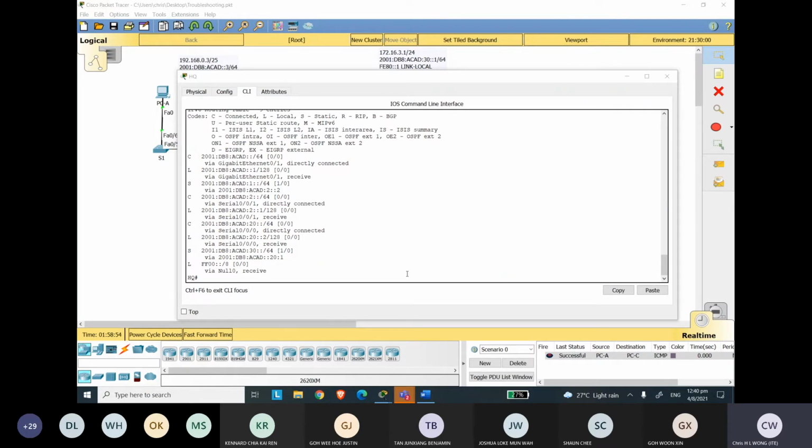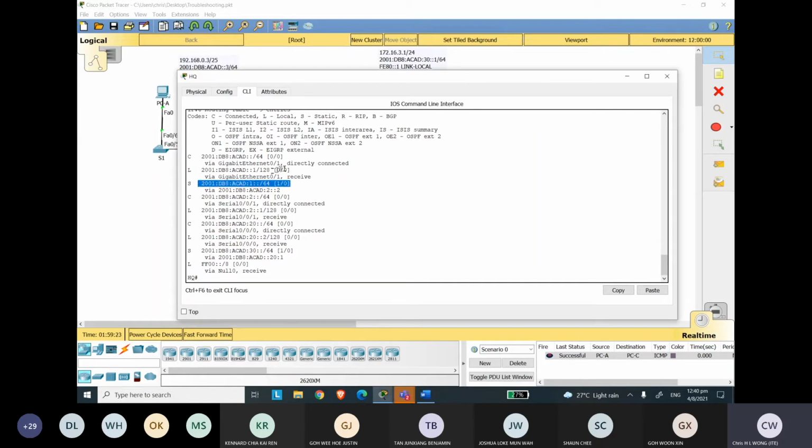Display the routing. What non-directly connected route? Okay, there is a static route. Let's check slowly. There is a static route there. What I want is non-directly connected, which means it must be on another network.